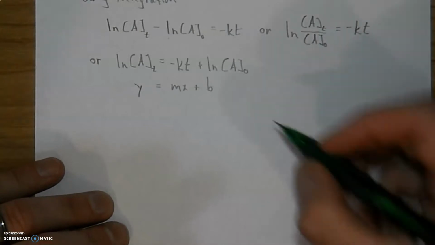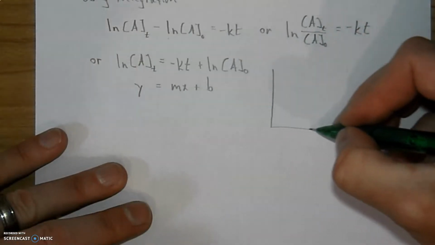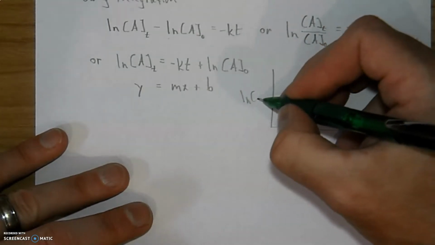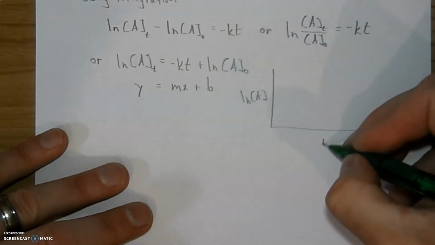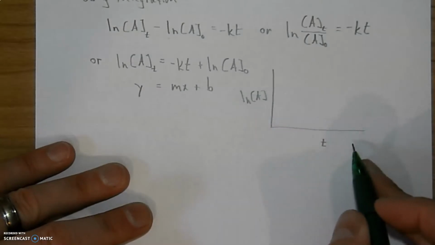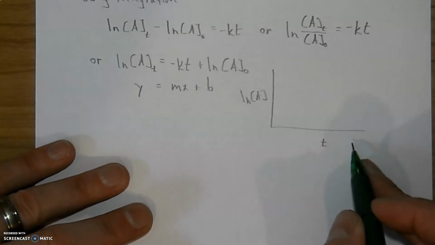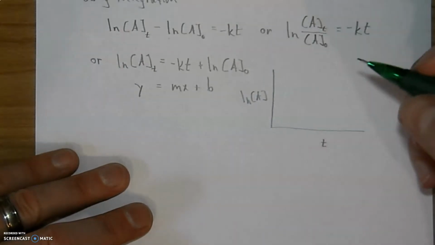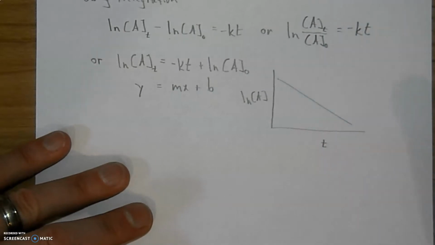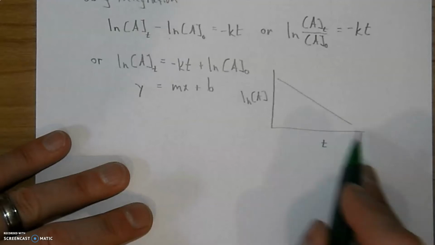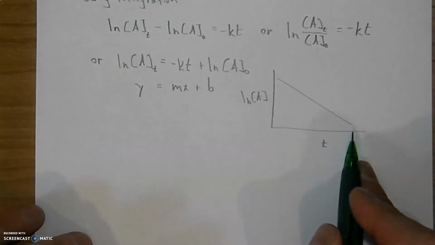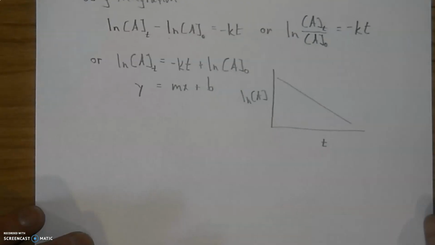I can actually graph this out. And that's the whole point here, is looking at this linearly. Natural log of A given some amount of time. And of course, as time progresses, the reaction is going to slow down. So even using this format, the natural log of A produces a linear relationship, which gives us a negative slope. So we're going to see as the reaction proceeds with time that the natural log of A is going to decrease. All right, that's a pretty good place to take a break for this video.